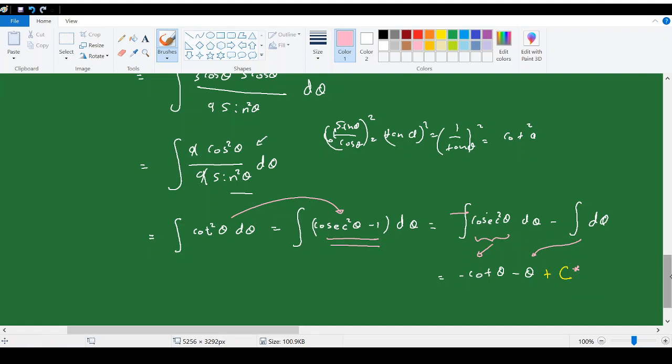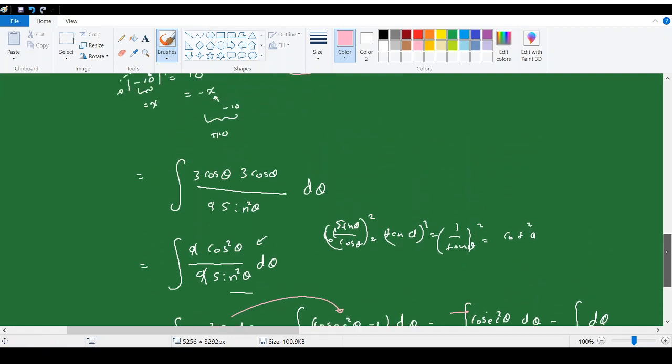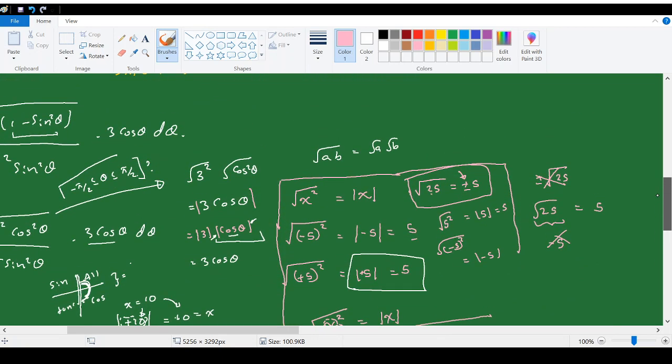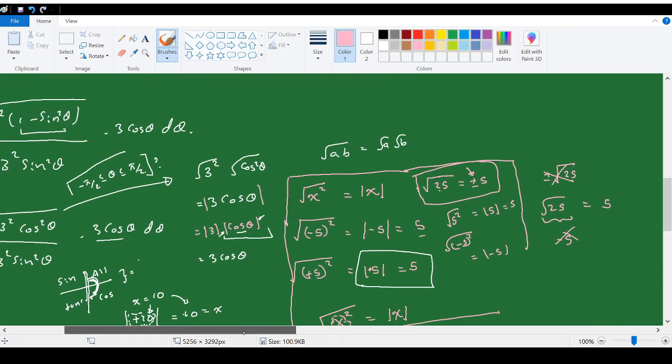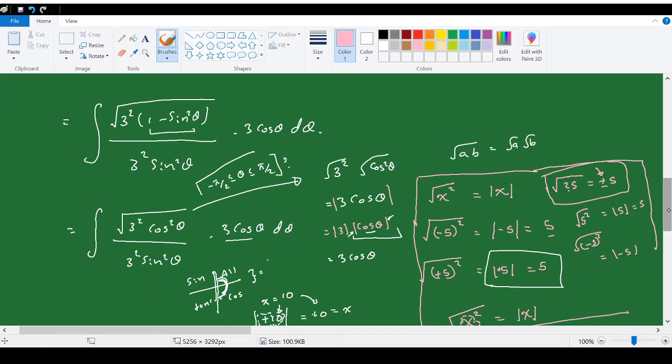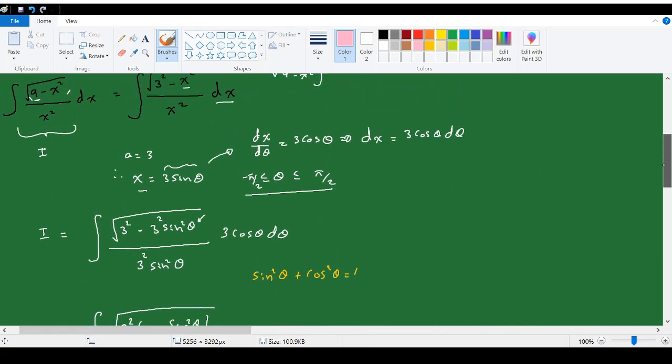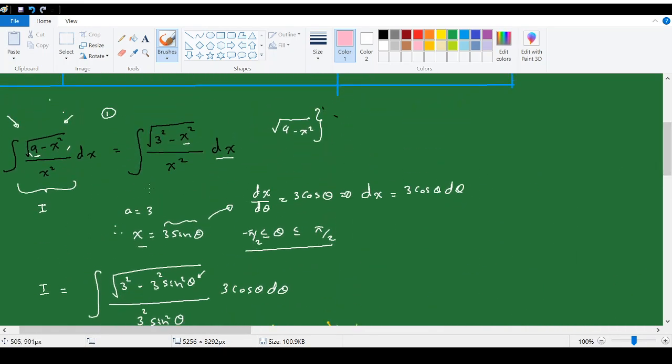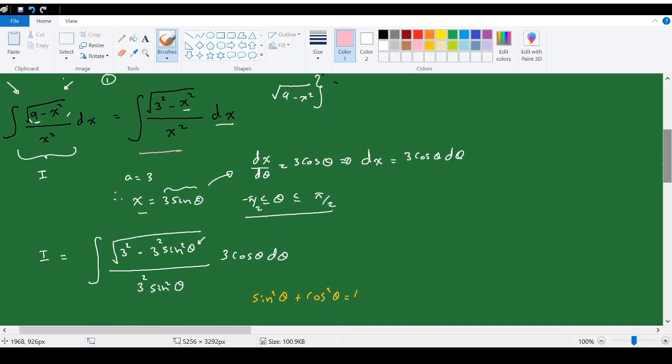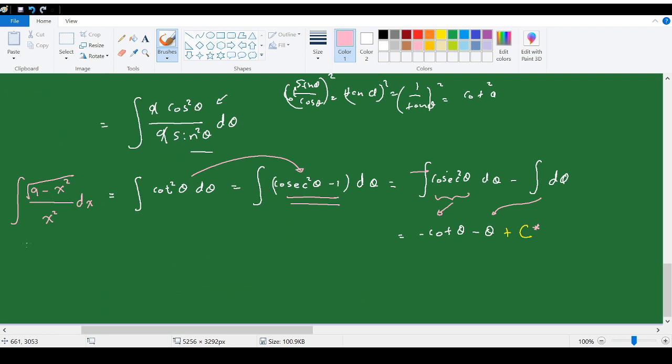And now, our main goal was to find the integral of the given original problem, which is this one. So that means the answer for the integral of the square root of 9 minus x squared over x squared is equal to minus cot theta minus theta, right? But still there is something not nice.